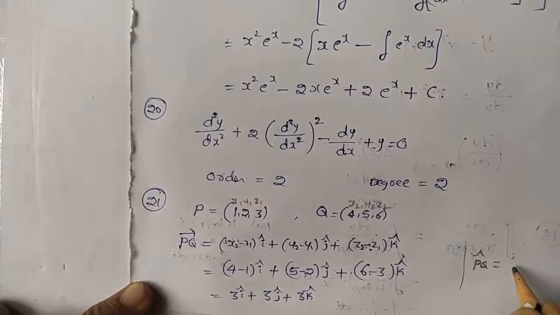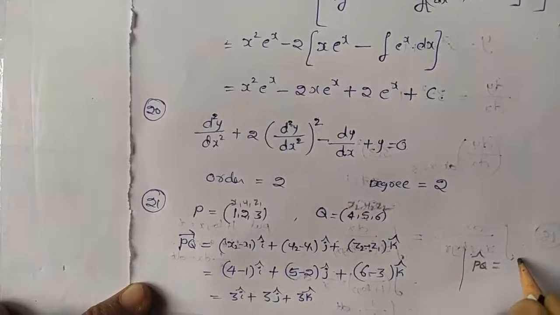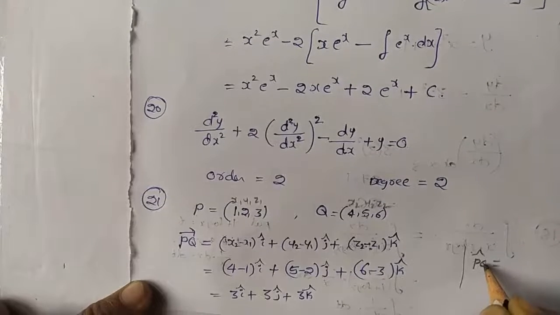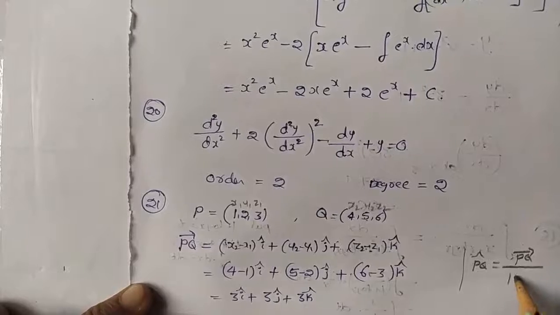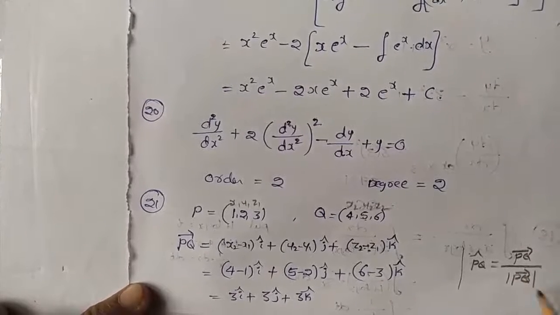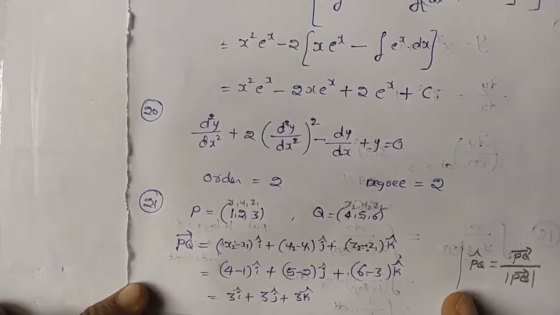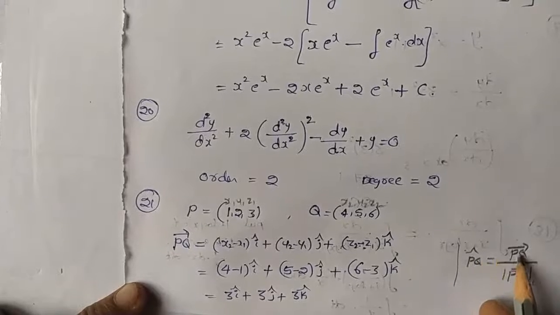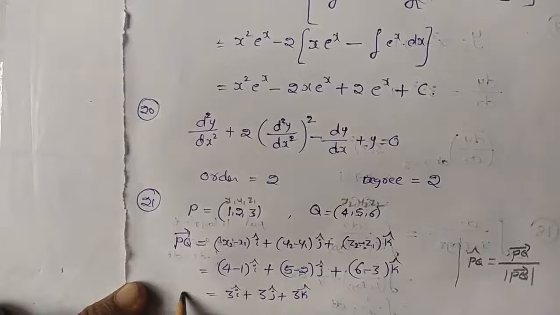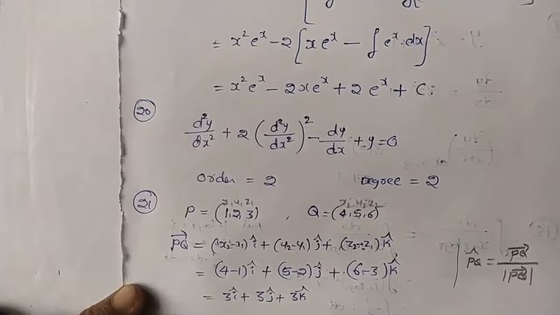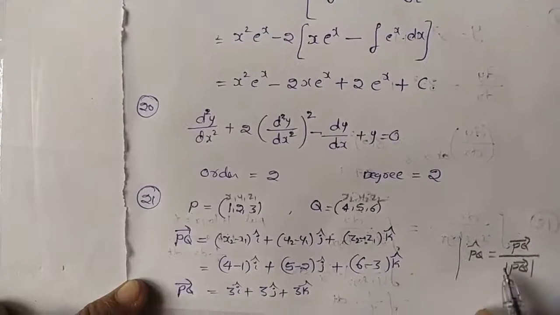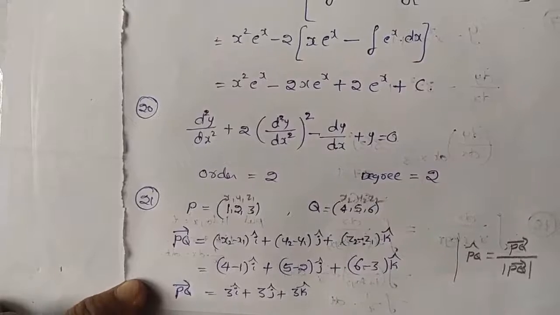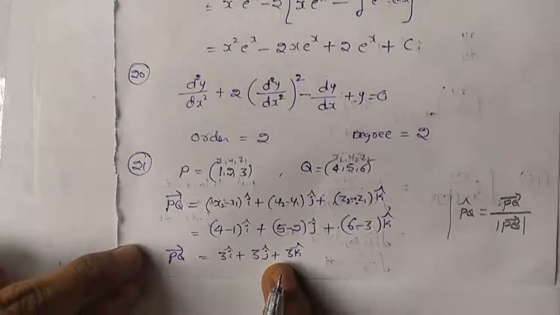I already told you that the unit vector of PQ is PQ vector divided by magnitude of PQ. PQ vector we already have. We need to find the magnitude of PQ.